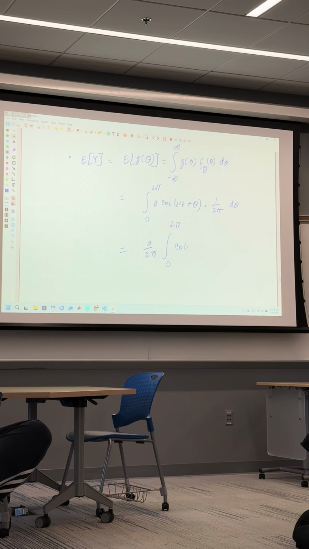Cosine omega t plus theta. It's a sinusoidal signal. You are just adding a sinusoidal signal. What is basically the average, guys? It's a very simple concept.